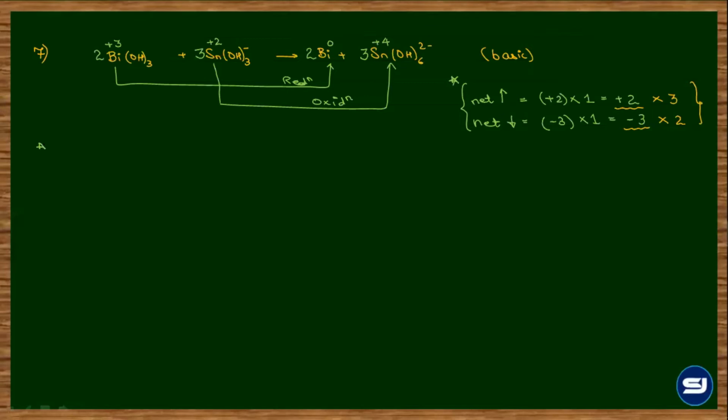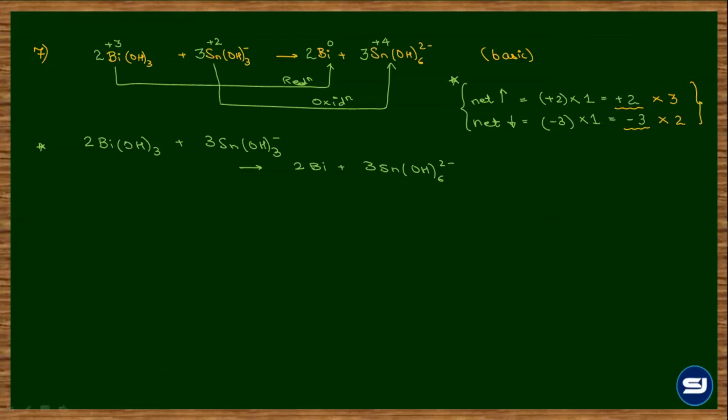After that comes the balancing of oxygen atoms. So I'll just rewrite this: twice of Bi(OH)3 plus 3 Sn(OH)3 negative, and I'll just write the product on the second line, which is 2 Bi and 3 Sn(OH)6 2 negative. Yes, how many oxygen on the left? 15.